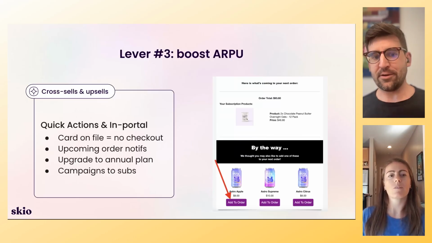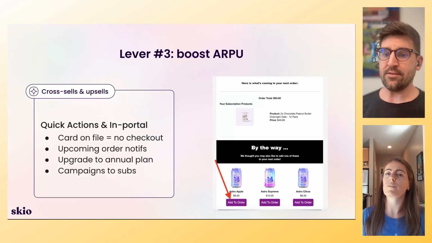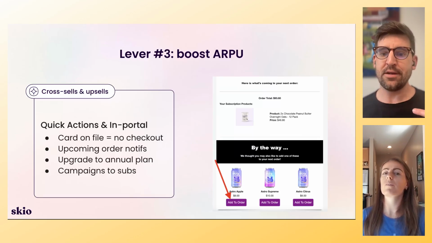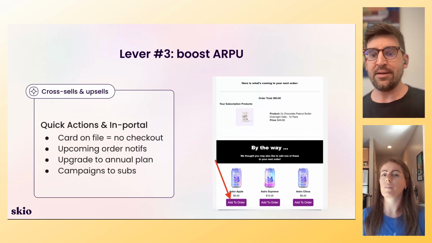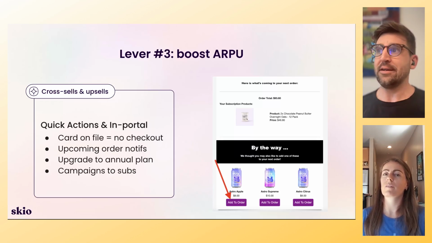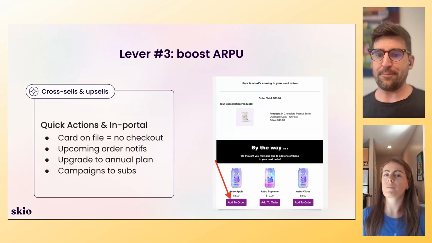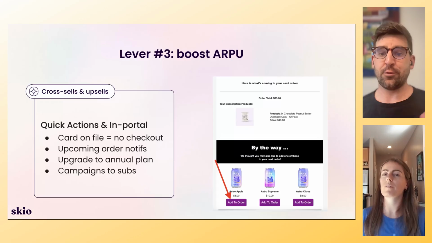Another thing that I can highlight here is this idea of upgrading from a month-to-month subscription to either a quarterly plan or an annual plan. So maybe instead of getting your supplements delivered monthly, you'll get 3 bottles every 3 months.